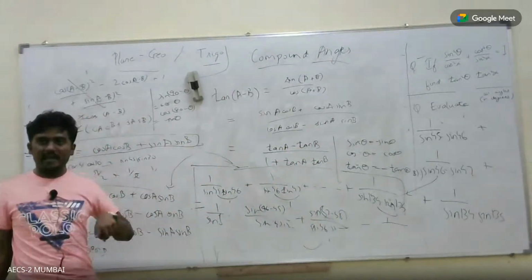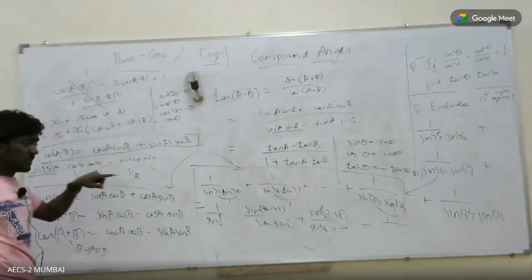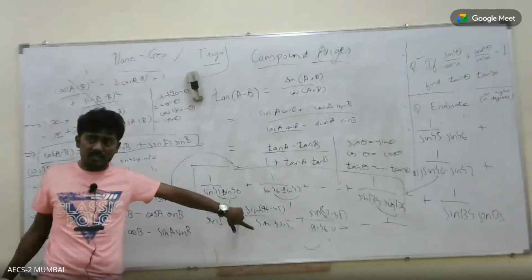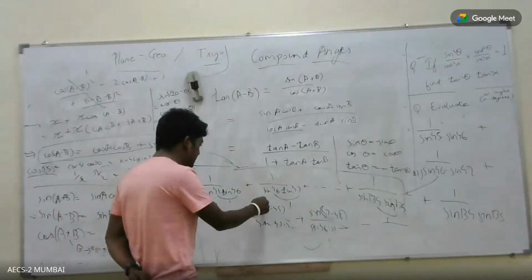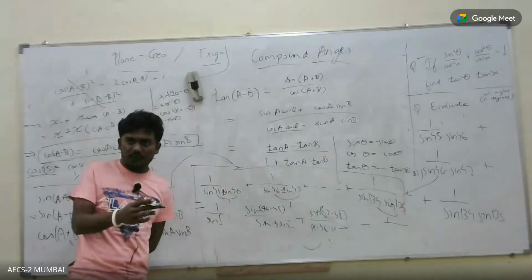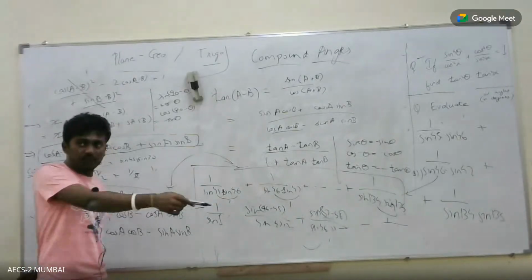Now, what can we do? You can use compound angle formula sine of A minus B to simplify sine of 46 minus 45. What will you get? You will get sine 46 cos 45 minus cos 46 sine 45 divided by sine 46 sine 45.